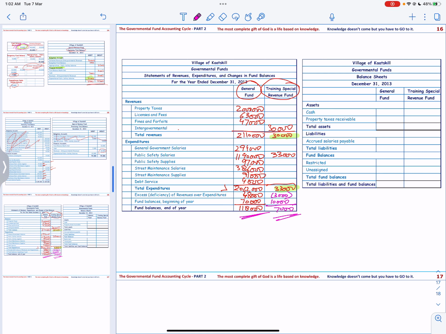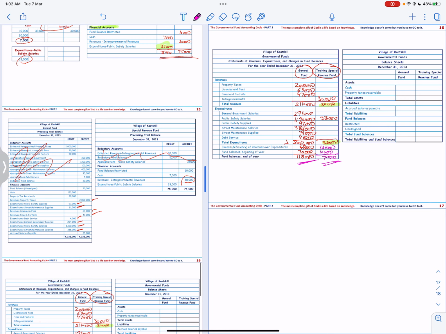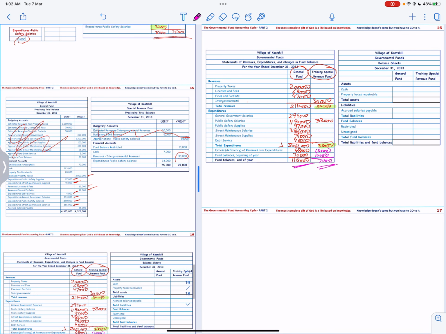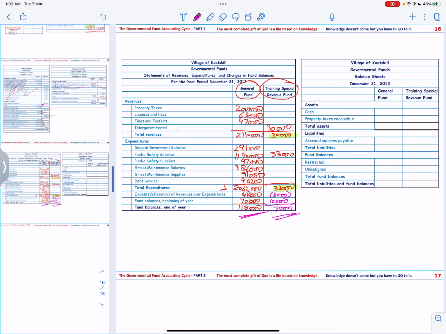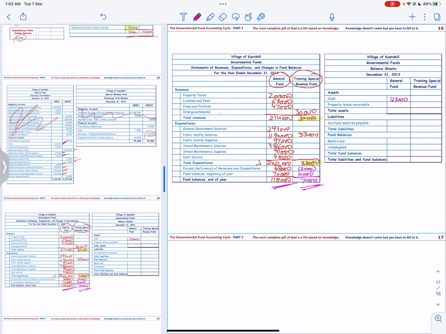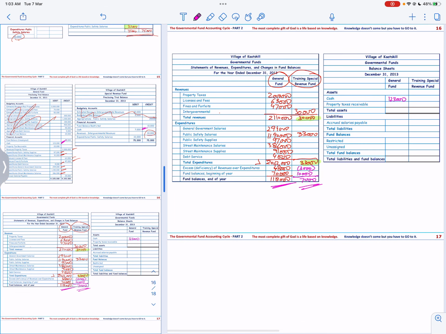Next we are going to prepare the balance sheet, and this is going to be relatively easy as not too many things are to be recorded. We have cash 123. For special revenue fund we have cash of 7,000 only.